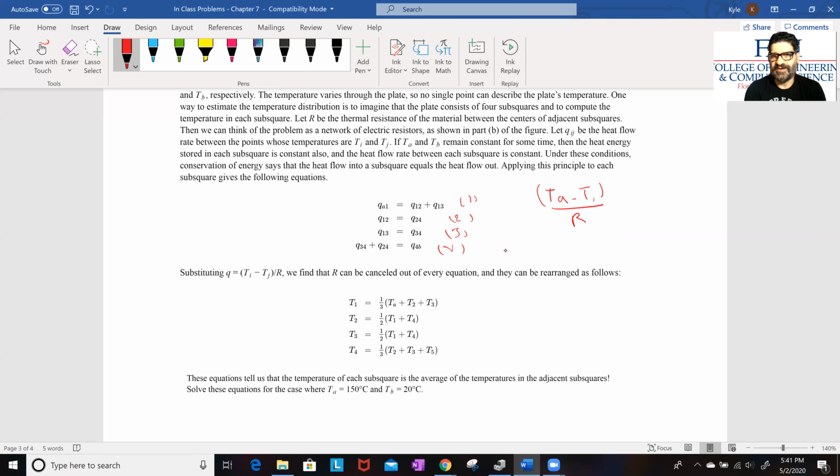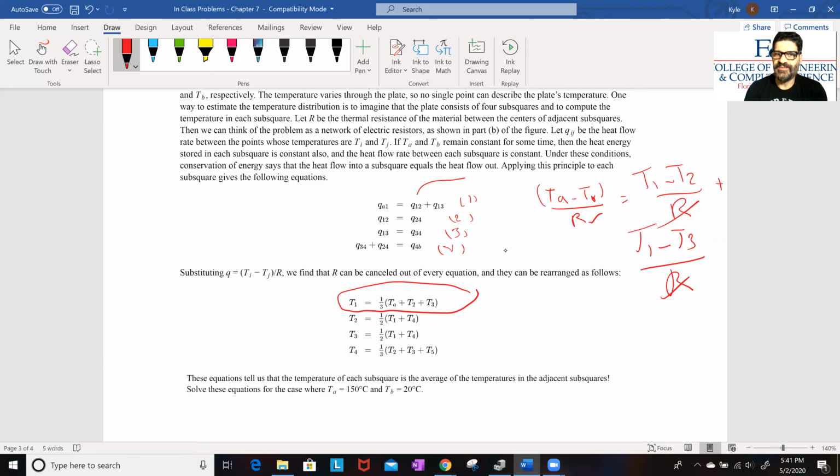Then you do the same thing here, equal to T1 minus T2 over R, and then the last one will be equal to T1 minus T3 divided by R, so all the Rs will cancel. In this case, you can rearrange this and you will come up with this equation.